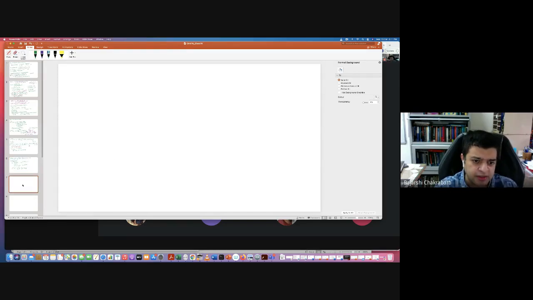So let us do something else. Let us do two particle. The two particle becomes difficult actually. Two particle is rho 2 by n of r1 comma r2. What will be there on the right hand side?